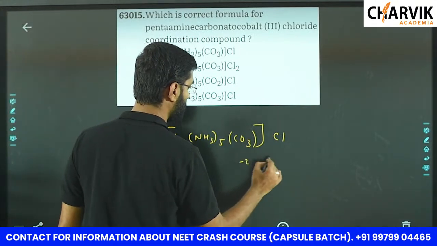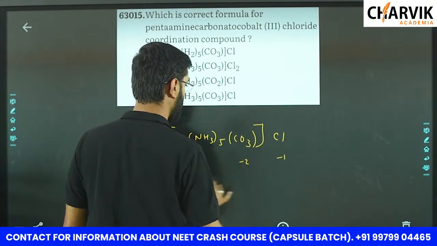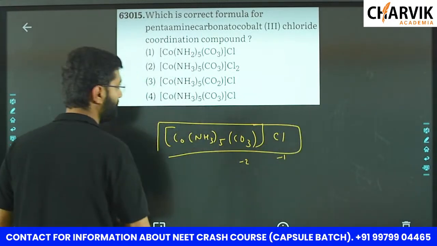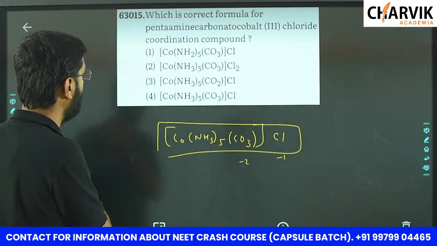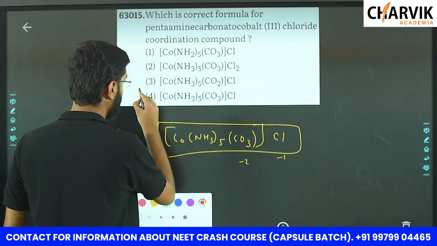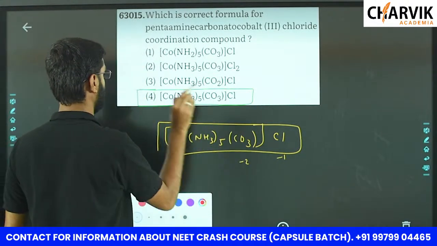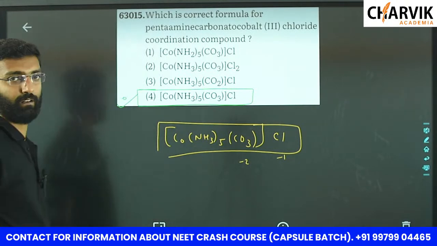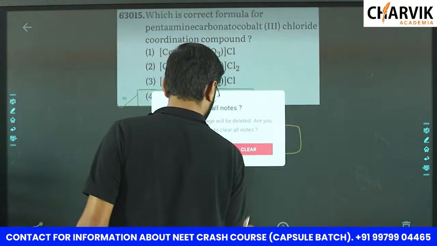Here CO3 is 2 minus and Cl is minus 1. Okay, so then this is your final answer, and your answer is fourth. Yes, your answer is fourth. Then okay, move to next.